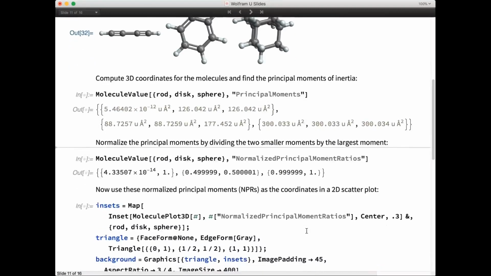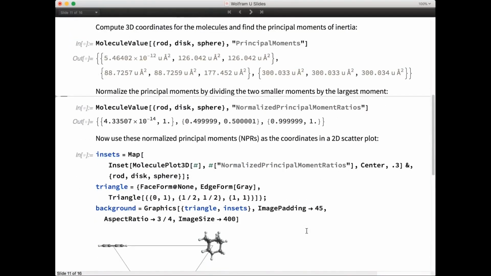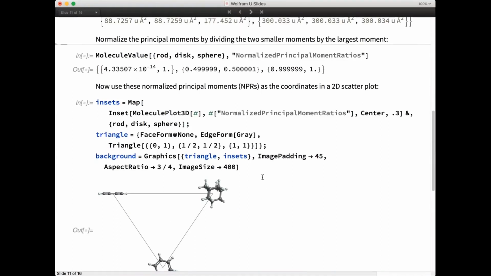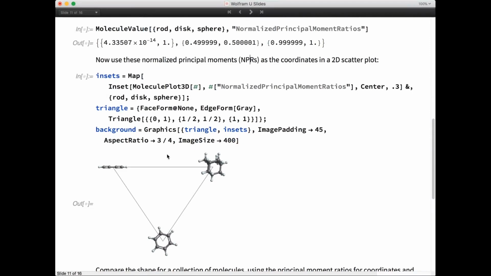So if we use the normalized principal moment ratios, the NPRs, as coordinates in a 3D plot, then the 3 extreme cases that we came up with before form the corners of a triangle here.